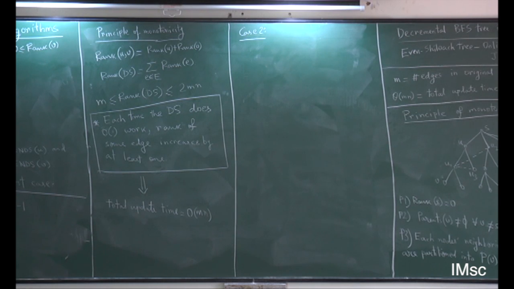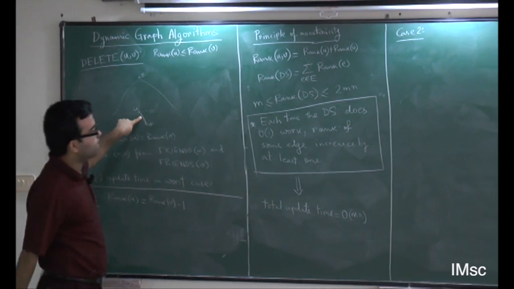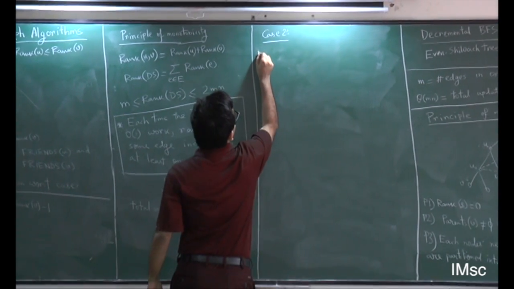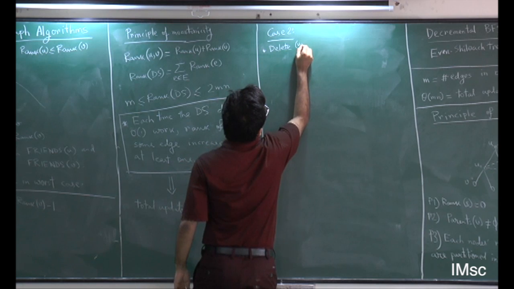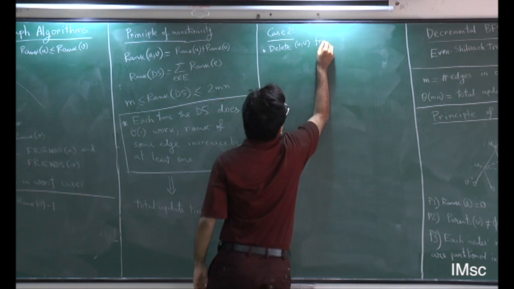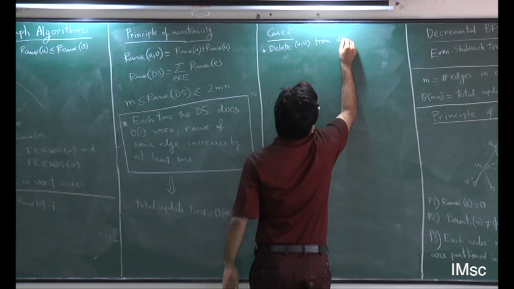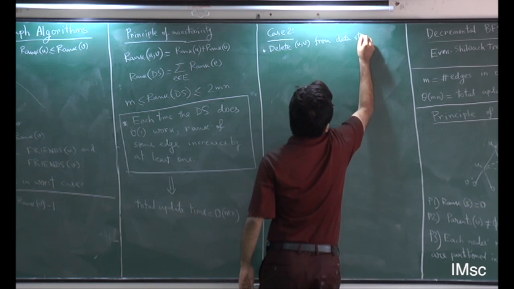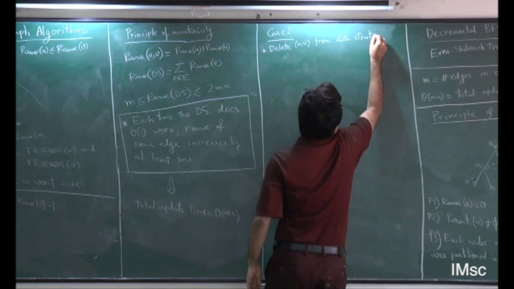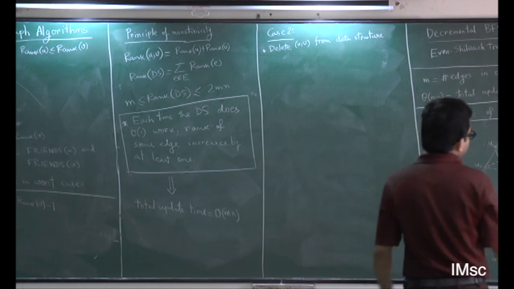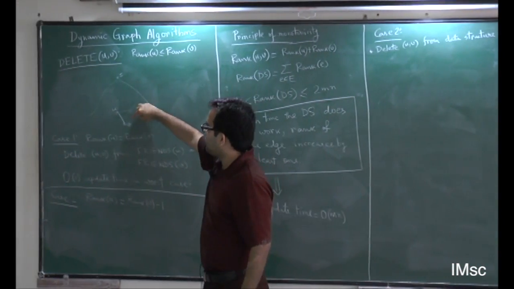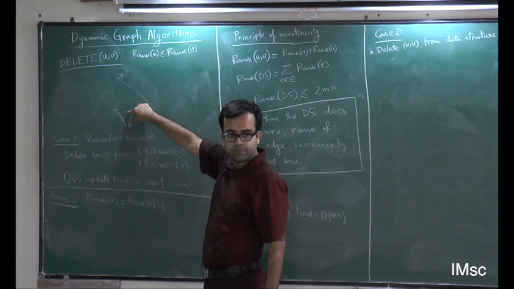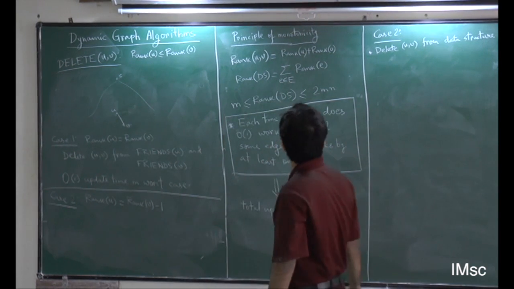What do we need to do? First, we need to delete this edge from these data structures. And by that I mean delete U V from the parent list of V and the children list of U. Okay. Takes constant time.